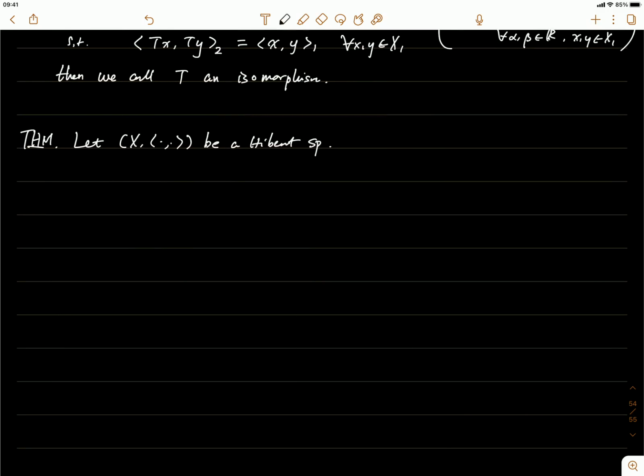Then one thing we know is that X is separable if and only if any basis of X is at most countable.